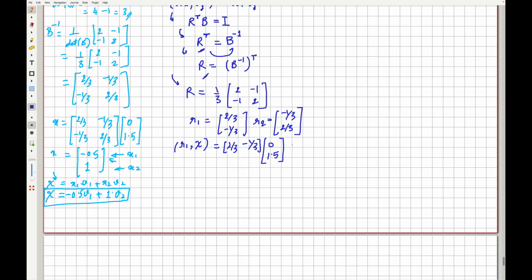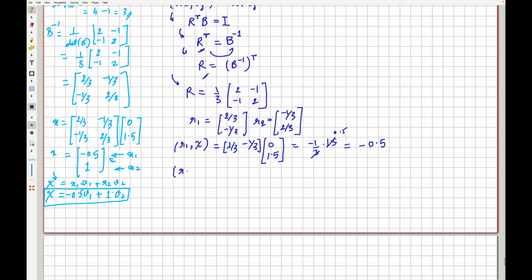So this gets us a value of 2 by 3 times 0 is 0, minus 1 by 3 times 1.5, and that is 0.5, and that gets us minus 0.5.